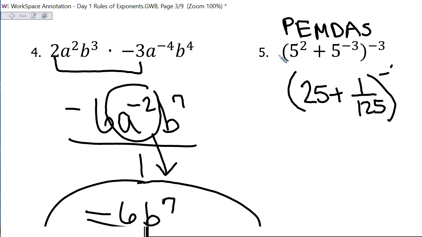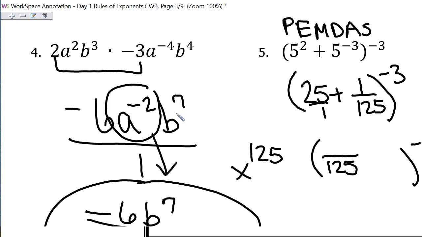But in order to do this addition, what do I have to have? A common denominator. So this is 25 over 1, and this is going to get kind of messy, but it's not too bad. Could be worse. And what is the common denominator between 1 and 125? 125.